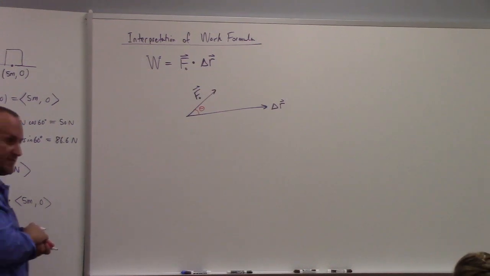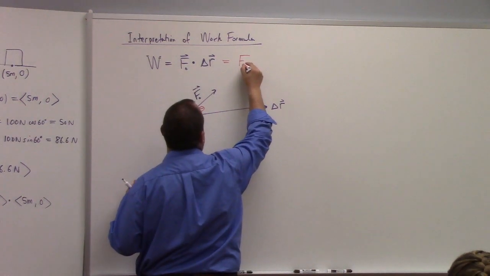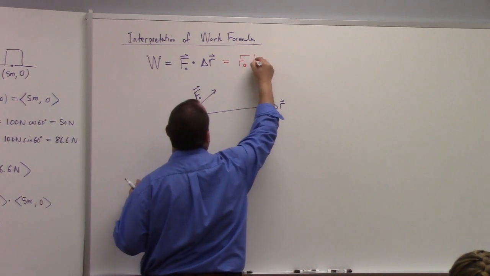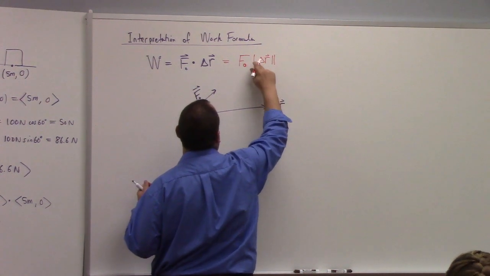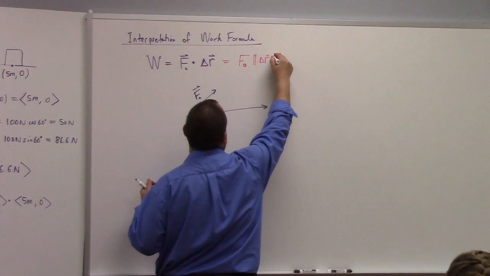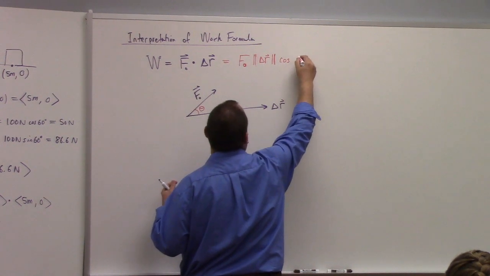In other words, the magnitude of the force, F naught, times the distance traveled, which is the length of the displacement, and then times the cosine of the angle between these.